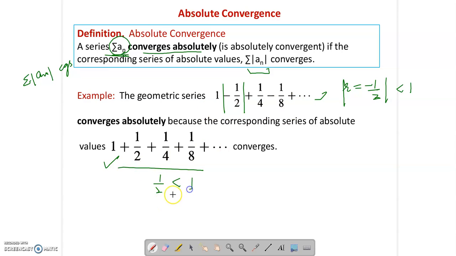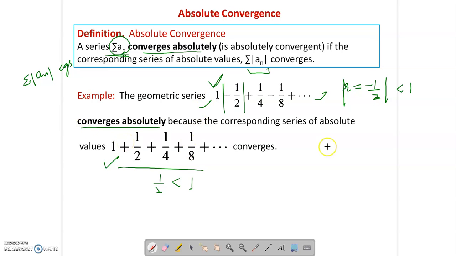This is also less than 1. So the series of absolute values corresponding to this series is also converging, and hence we say that this geometric series converges absolutely.